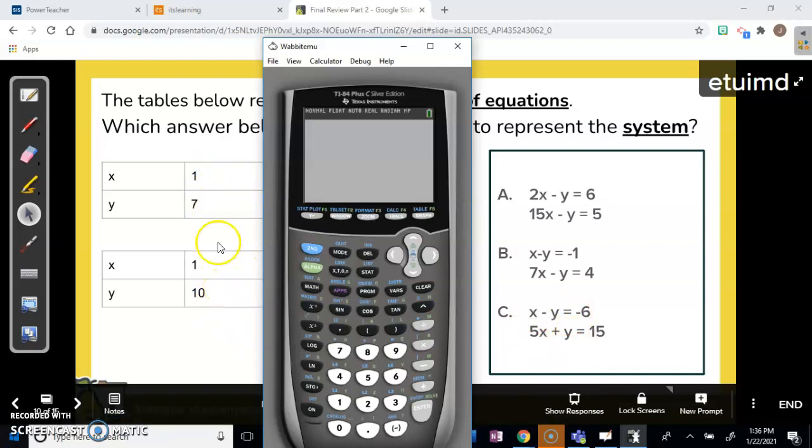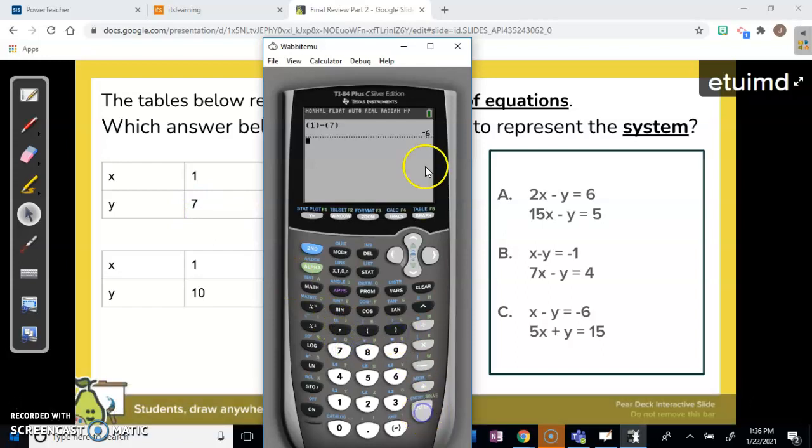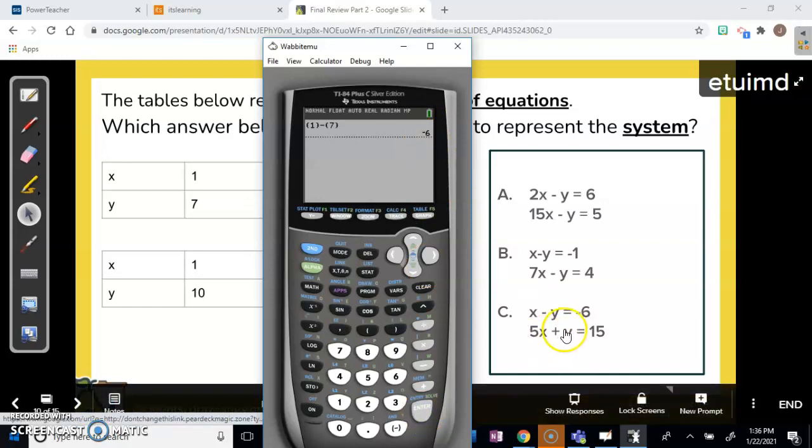All you need is just a point. So I'm going to use 1 and 7 for the top. So if x is 1, and then it says minus my y being 7. Let's see what that gives me. If it's the correct answer, it should give me -6, and it gives me -6. That is correct. Now let's check the bottom one. You're plugging in the bottoms, right?